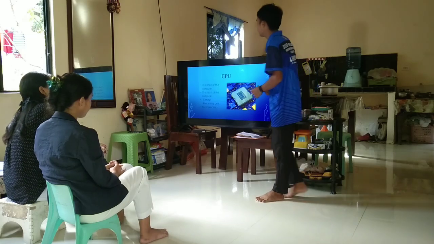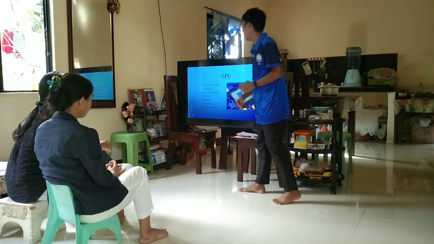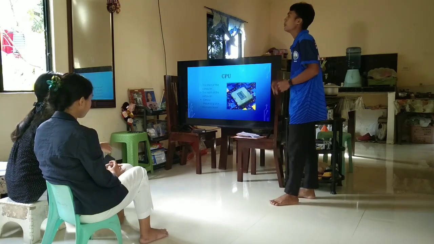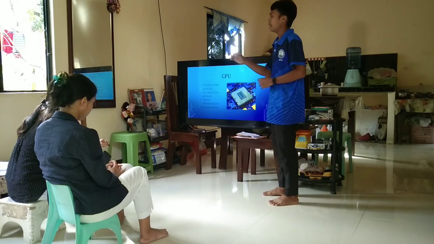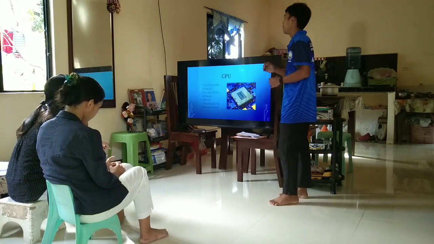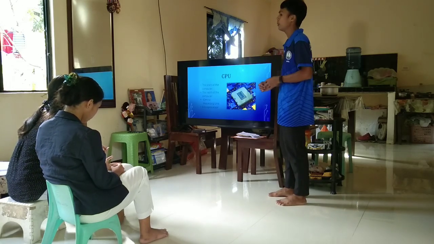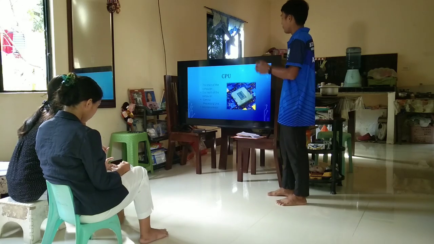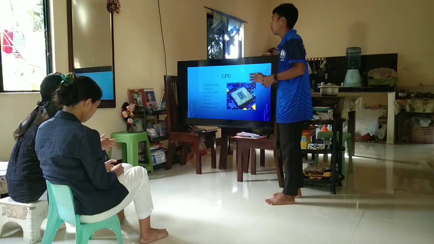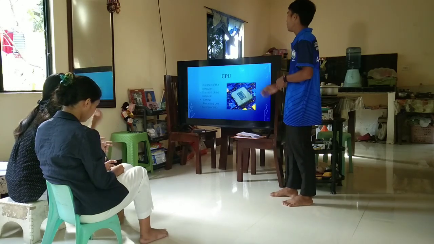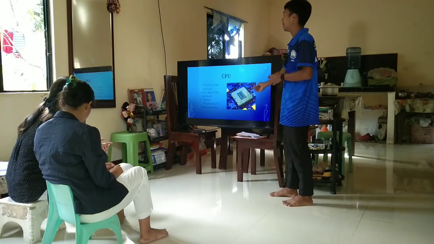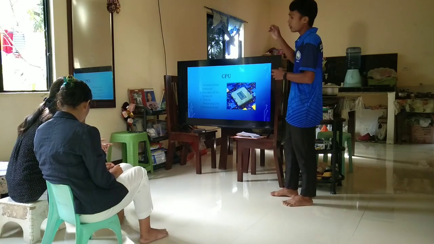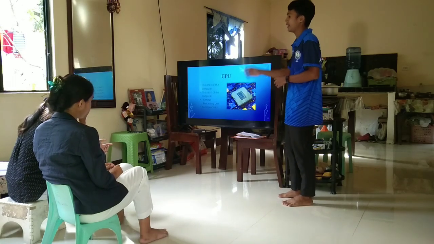Okay. So the definition of the CPU is the brain and the heart of the computer. So we'll go deeper. Like for example, if a human has no brain and no heart, the human will not live, right? So it is the same as the computer. If you take the CPU, the whole computer system is nothing.